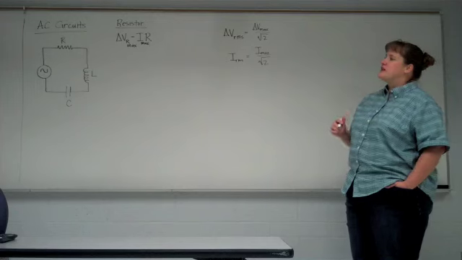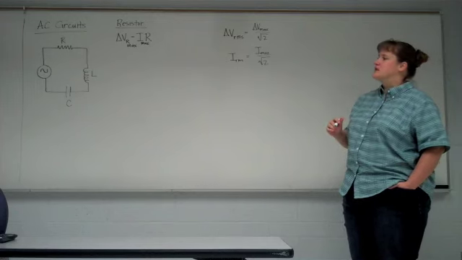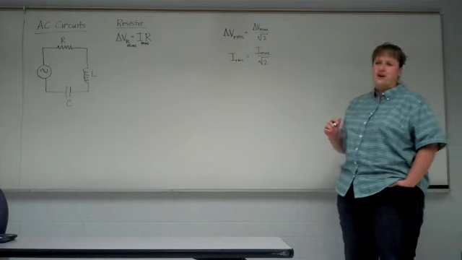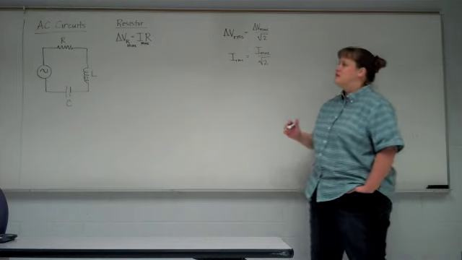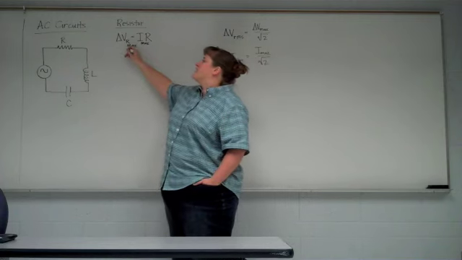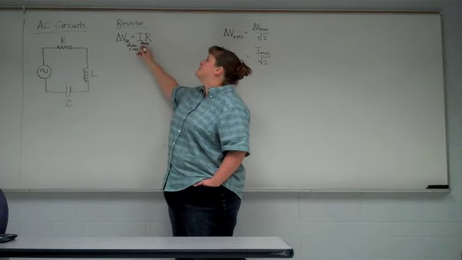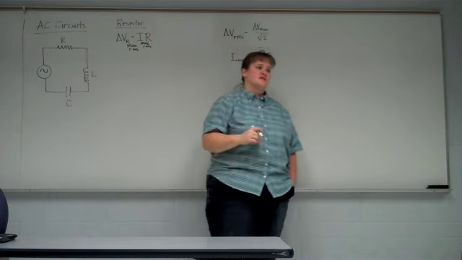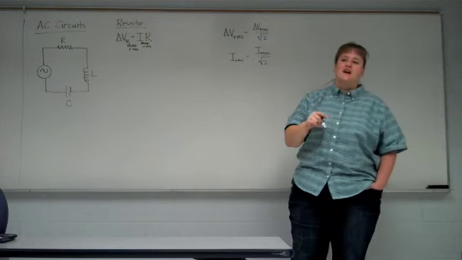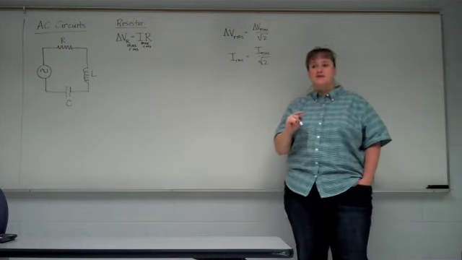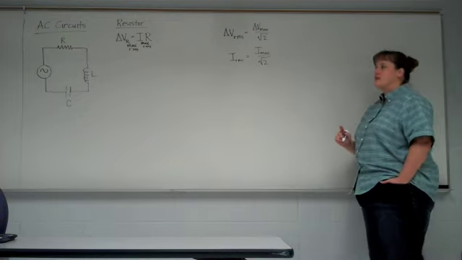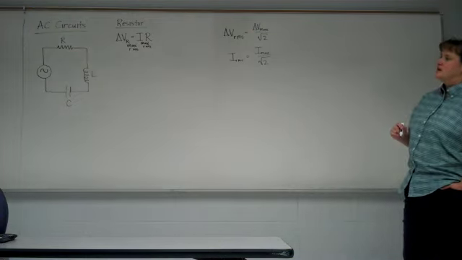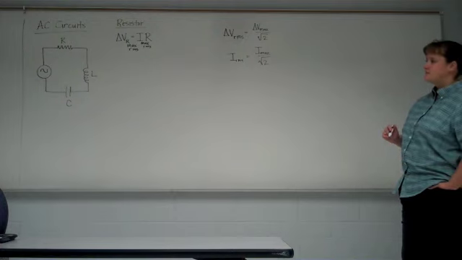Now our equation up there, the delta V for the resistor is equal to IR, will work for RMS values as well. The RMS value of the voltage drop depends upon the RMS value of the current times the resistance. So the delta V and the I can be either both maximum values or both RMS values. And the equation still holds.